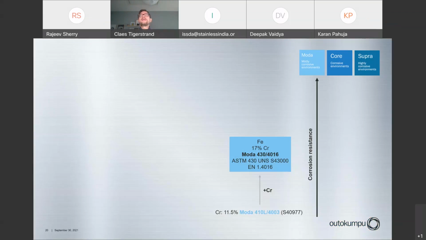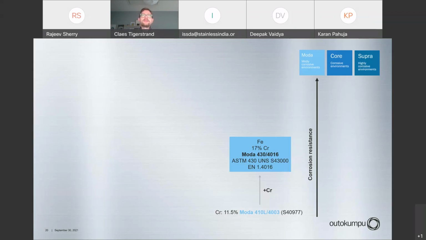So if we're looking at the most commonly used grades and the grades we have in our product portfolio, as you can see there, with increasing corrosion resistance going upwards in this slide. If we're starting from the bottom, the most basic stainless steel is what we call the Moda 410L, 4003.